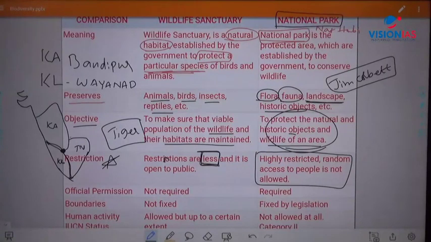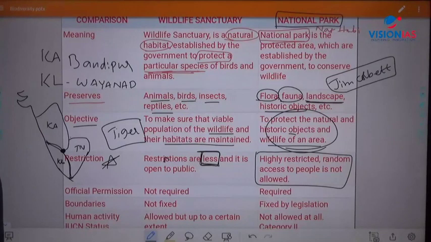When the animals are freely roaming, what happened? Because of the free movement of the animals, the tiger reserve maintenance people stopped the traffic. Bandipur to Wayanad.